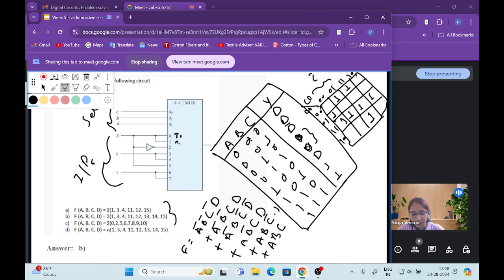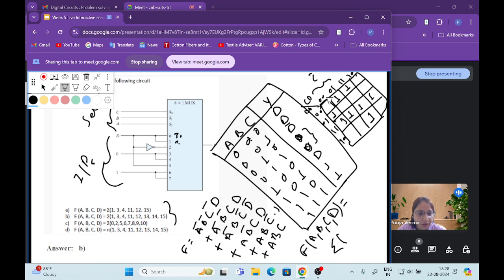Now we need to check at which places there is a 1 because we need to find the min terms. Okay, so A, B, C, D will be the summation of. So first it is 0. Already we know 0, 1, 2, 3, right? It is a K map. So the first cell is 0.